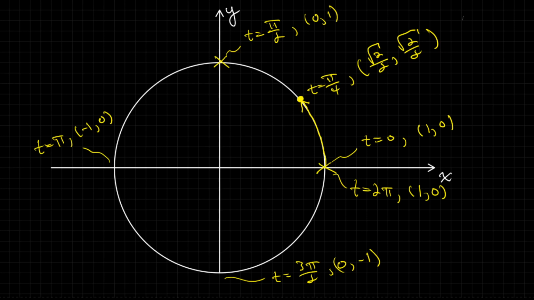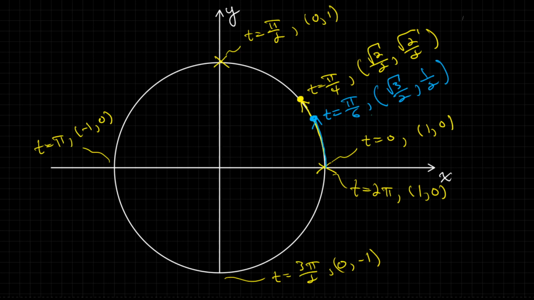If you travel a third of the way, then you get to a different terminal point. 1/3 of pi over 2 is pi over 6. And the terminal point for this would be root 3 over 2, 1/2. Again, this is information that you'll need to just know.